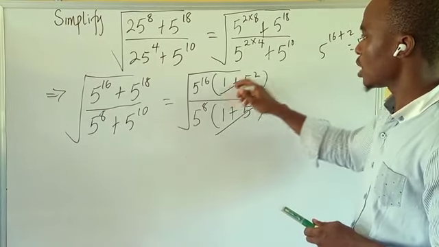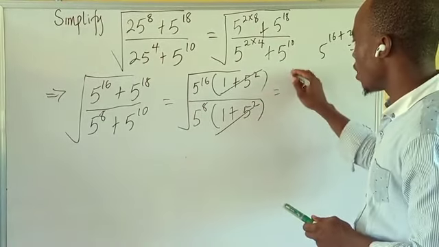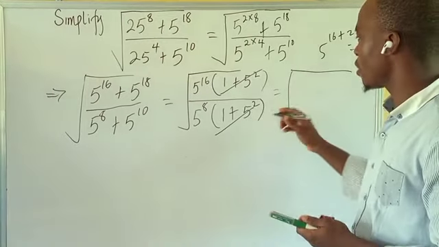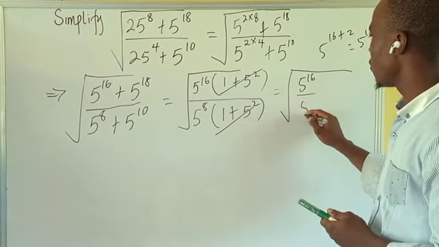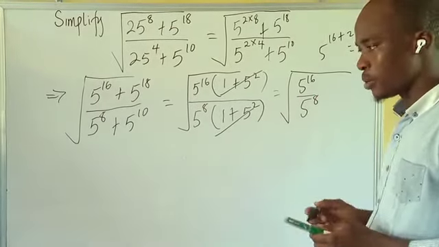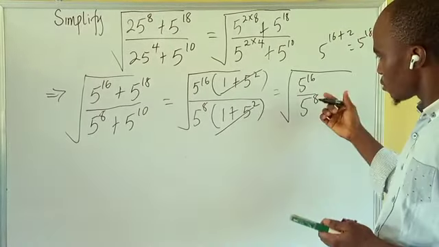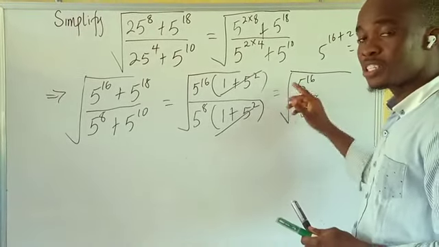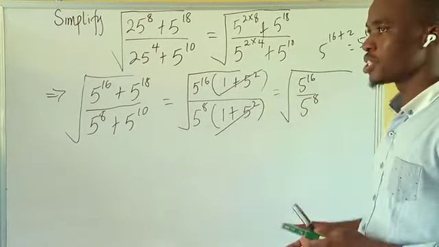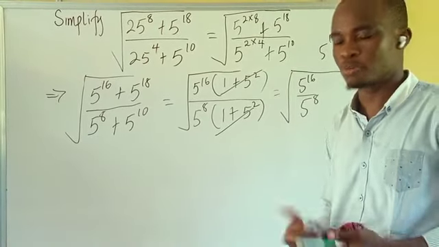So we can cancel this out, to have our expression as the square root of 5 to the power 16 divided by 5 to the power 8. Are we there? Now the next thing we need to do here, from the law of indices, you can see that we have the same bases and this is division, therefore the powers are subtracted.